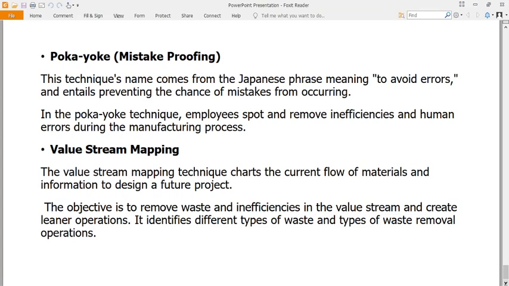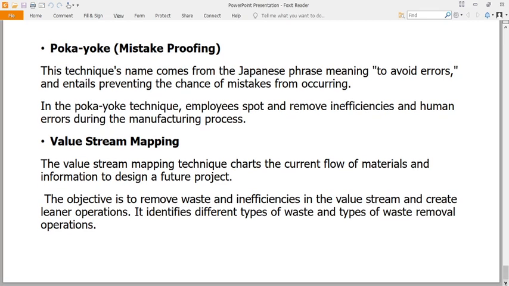Here we look at the flow of materials from formation to design a future project. This will help in removing waste and inefficiencies in the value stream to create leaner operations. So still, I will emphasize that we look out for different types of waste and how to remove them.